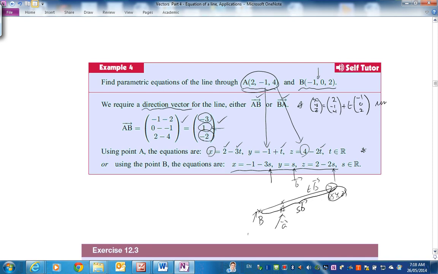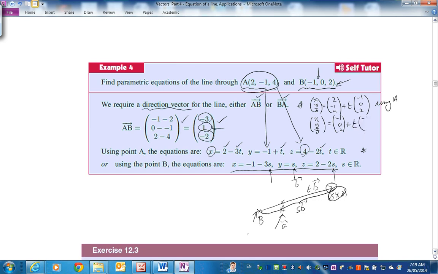That's using A. If we use B, to get to that point, go out to B from the origin, so it's still going to be the same coordinates as this, from O to B, to travel out. There's a vector, plus t times the direction.